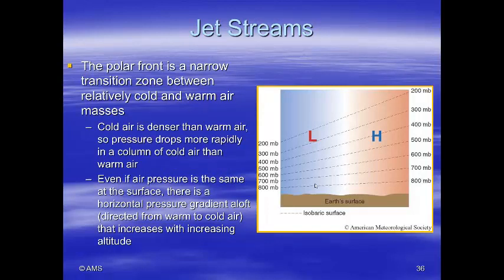The polar front is a narrow transition zone between the relatively cold and warm air masses. Cold air is denser than warm air, so the pressure drops more rapidly in a column of cold air than it does in warm air.